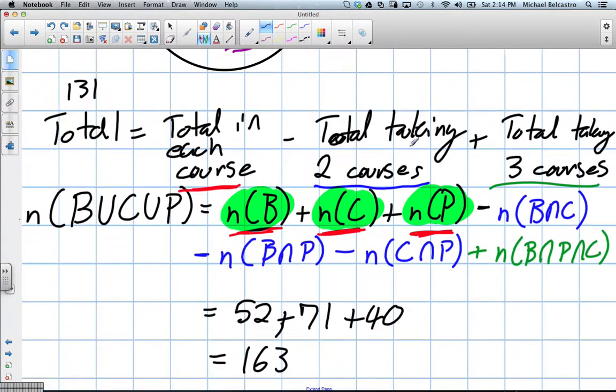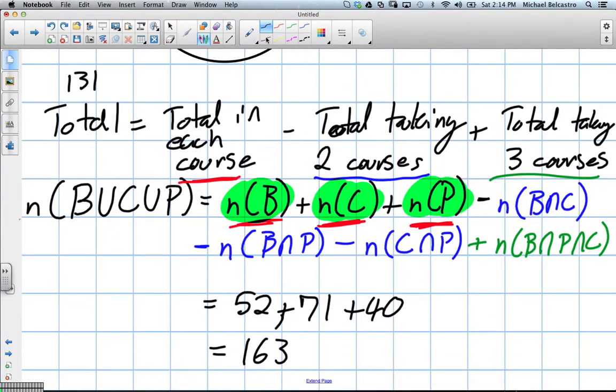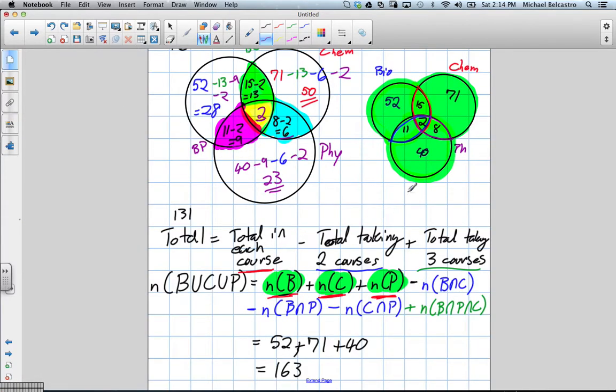So we have our 163. We subtract people taking bio and chem. I'll just zoom out a bit to make this easier. Bio and chem was 15. And we'll do it in red because that was the color we had. We subtract the 11 people taking physics and bio, and we subtract the 8 people taking chem and physics, which makes sense. We cut them out of the Venn diagram. And then we're going to add back, remember, because we double counted, or we took away the middle 3 twice.